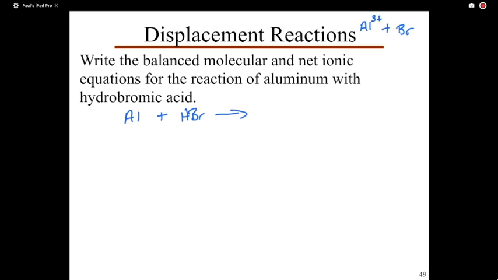Br. Yeah, I answered my question before, which is a -1 charge. So what we're going to do is make AlBr3 plus elemental hydrogen, which is H2. Is this balanced? No.